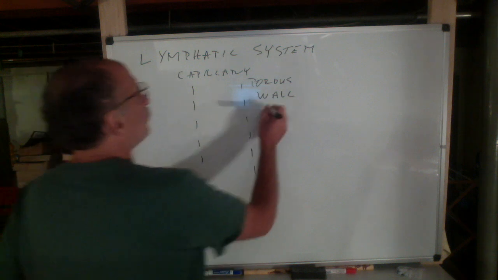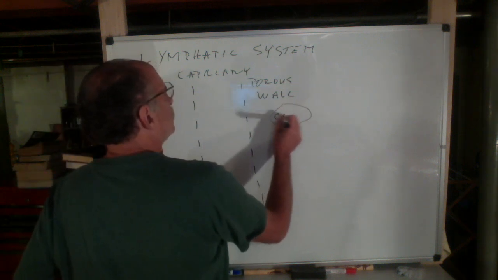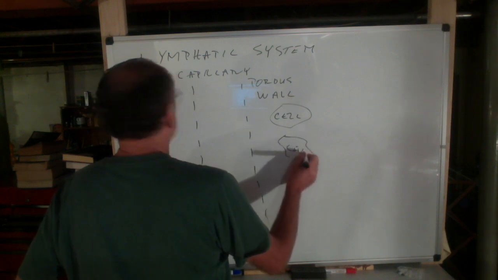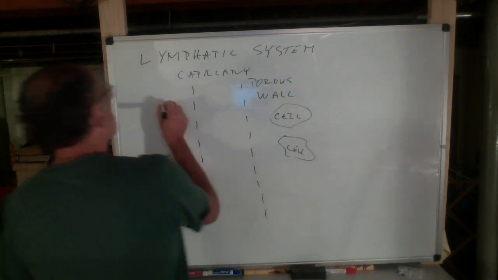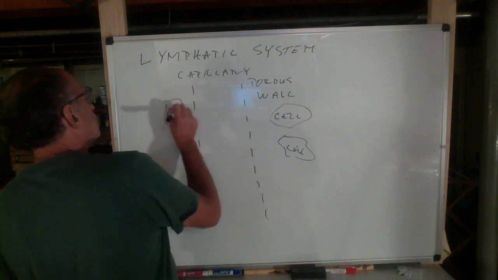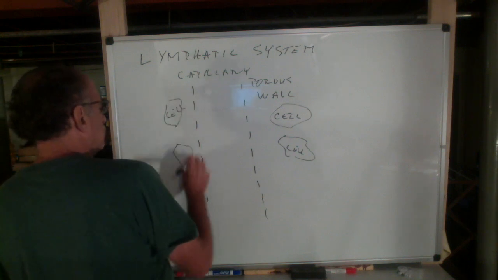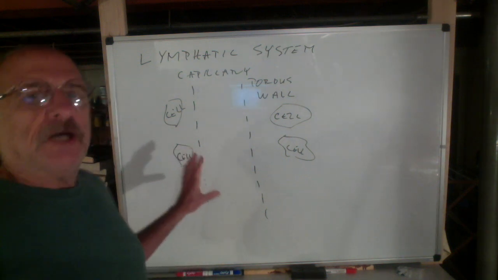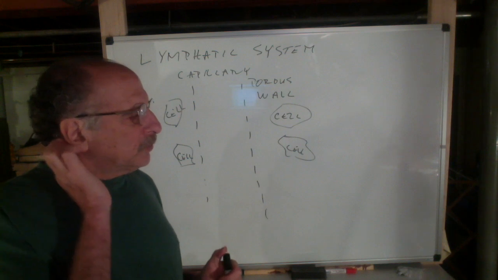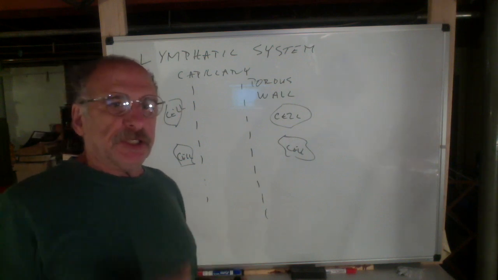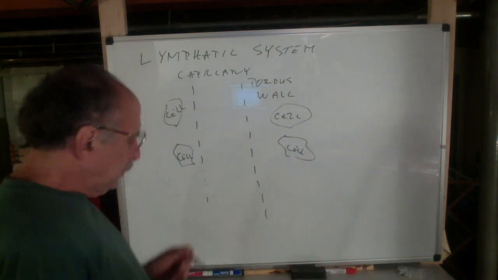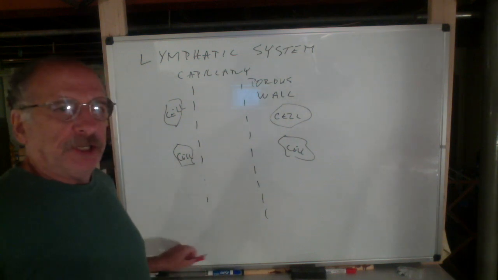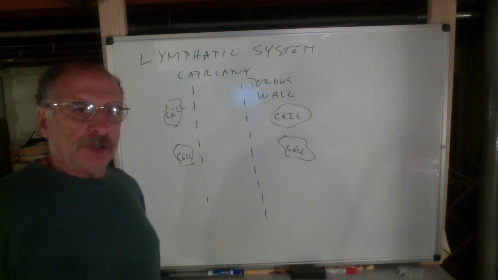So we can draw a cell, a few cells, just put a few cells around the capillary to remind us that the capillary is in an organ. Now, like any other blood vessel, the capillary has got blood flowing through it.